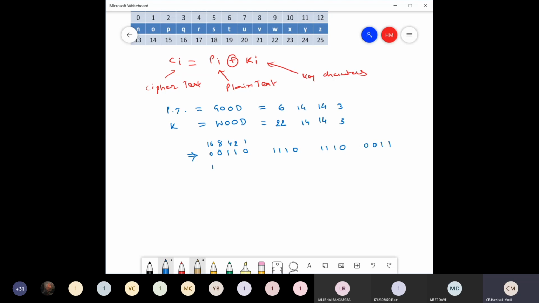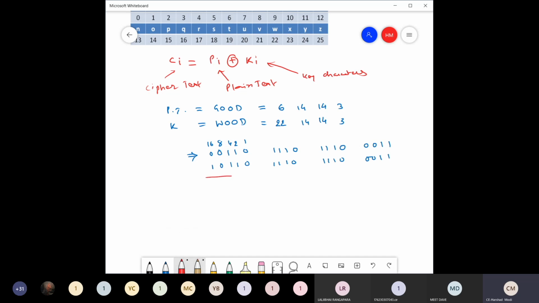I have to add one more bit here. So it is 1 0 1 1 0, 16 plus 4 plus 2 is 22. By the same way 14 remains the same, 1 1 1 0, 1 1 1 0, and 0 0 1 1.